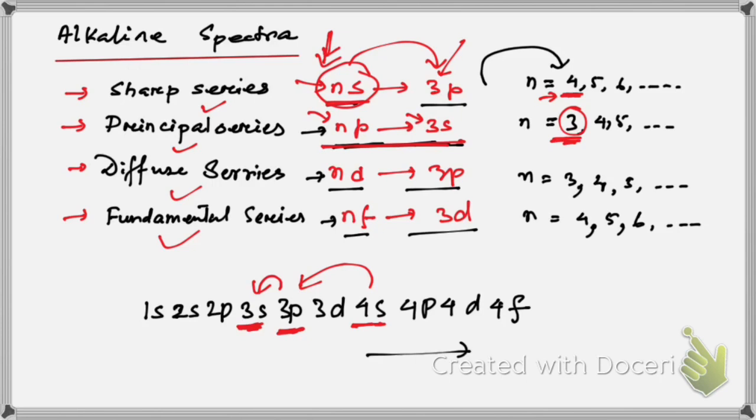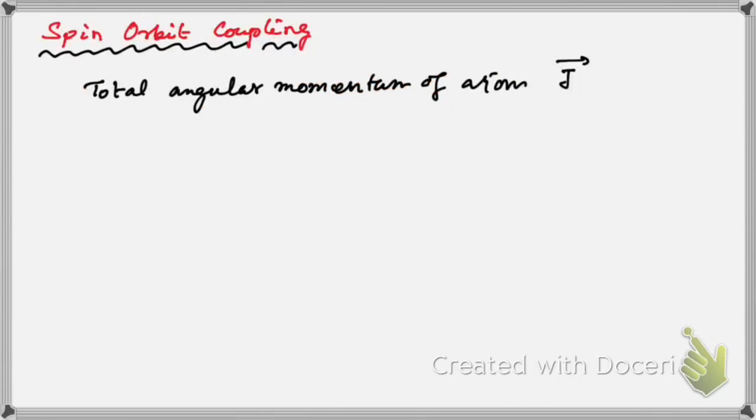So now you see, let me explain the fine structure of alkali spectra with the help of spin orbit coupling. Spin orbit coupling gives the total angular momentum of the atom. Its magnitude is given by mod of J, which is equal to root over small j into small j plus 1 h cut, where small j is the total angular momentum quantum number.